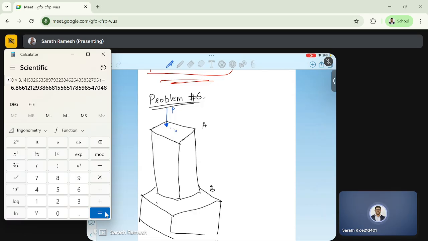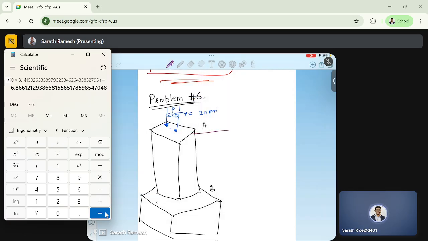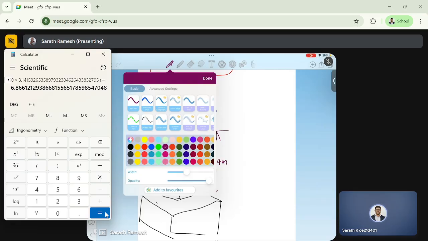From the geometric center, the eccentricity is E equal to 20 mm. The length of the column is given as 2.4 meters. And the cross section has a structural tubing. So its cross section is something like this.